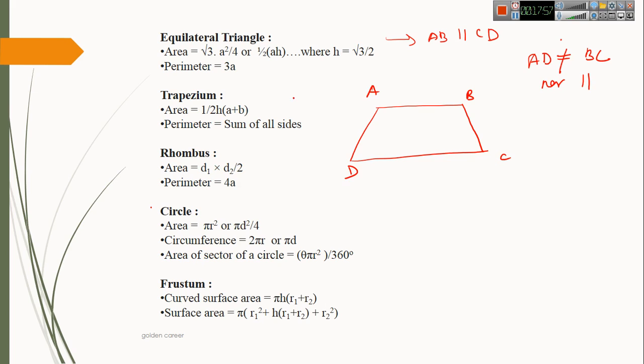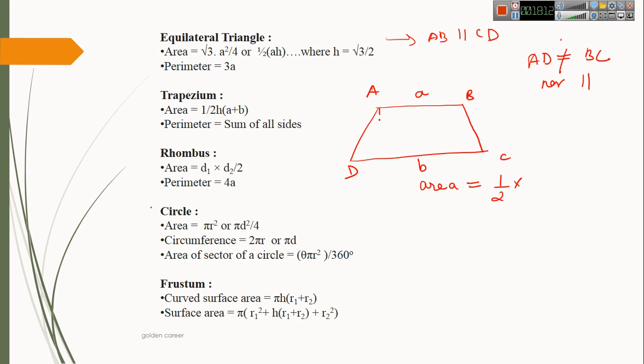So if we have a trapezium like this, then the area of the trapezium will be, if we consider AB to be small a and DC to be small b, area is equal to half into height.